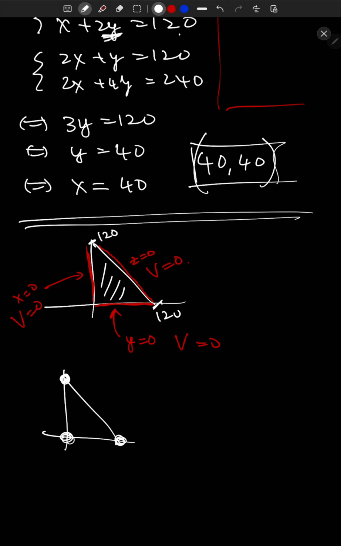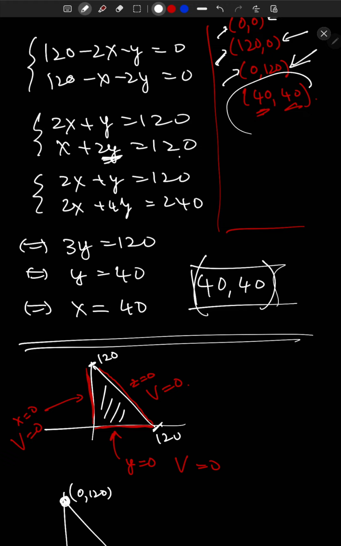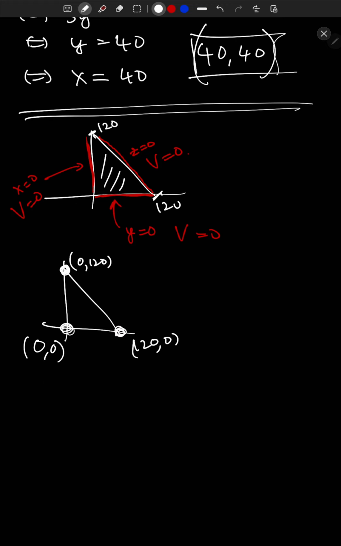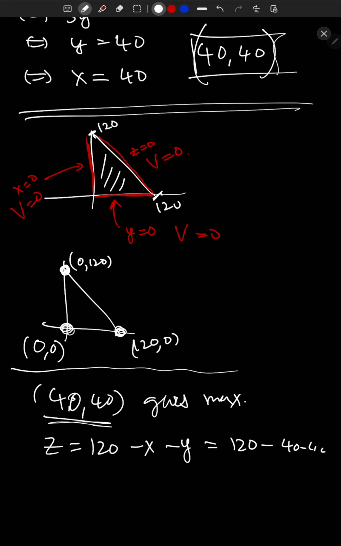All right. Let me actually write them down again. 0, 120, 120, comma 0, 0, comma 0. Okay. But again, all of those end up with volume 0, and so this guy is going to give me my max, right? So 40 comma 40 gives the max. And we said that z was 120 minus x minus y, which is 120 minus 40 minus 40 in this 40-40 situation.